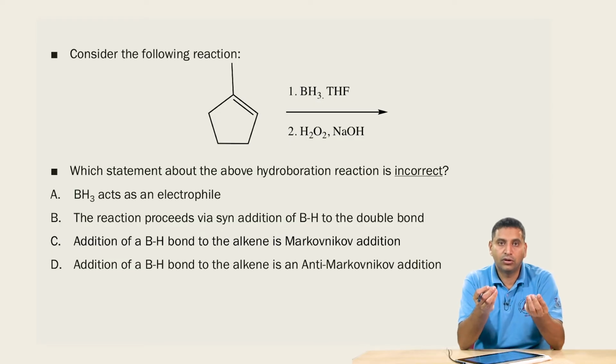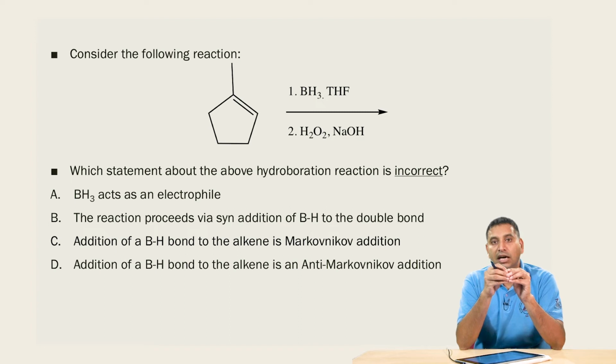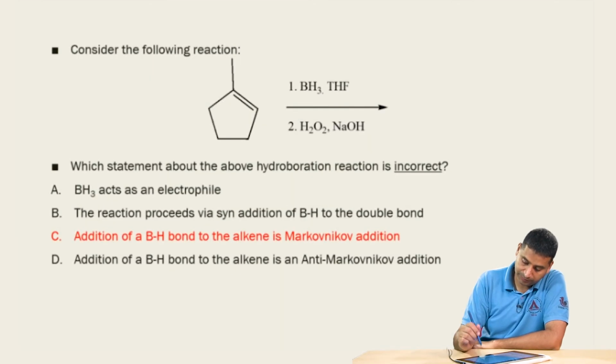So, here therefore, C would be the incorrect statement and D is related to C, in which case the statement says that BH addition is an anti-Markovnikov addition. So, therefore, D is correct, and so the correct answer to this question, which is which statement about the above hydroboration is incorrect, the answer would be C.